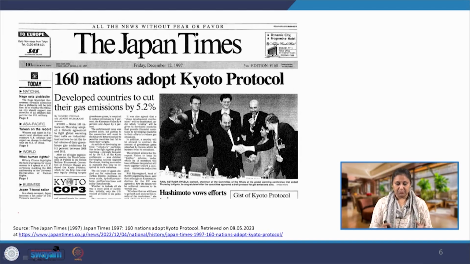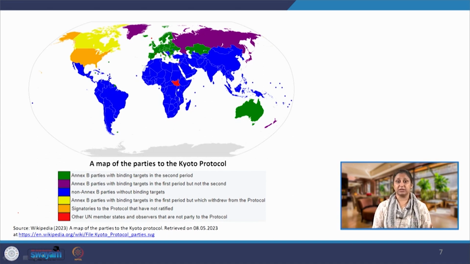This is just a clip. Kyoto Protocol, when it was proposed and gradually ratified, has been a successful protocol in the sense that almost the entire world is a signatory to it, but it is not successful in the sense that we have still not been able to achieve what we wanted to achieve through Kyoto Protocol.